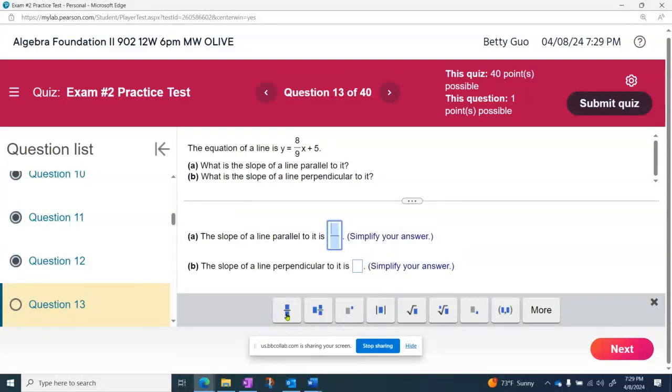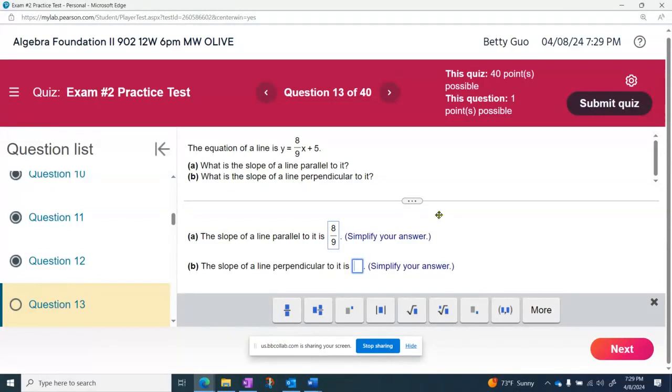The slope is 8 over 9. Just copy exactly the slope of the given straight line. And for the perpendicular, remember, if two straight lines are perpendicular, their slopes multiply to -1. Or, if you remember, a new concept is called opposite reciprocal.